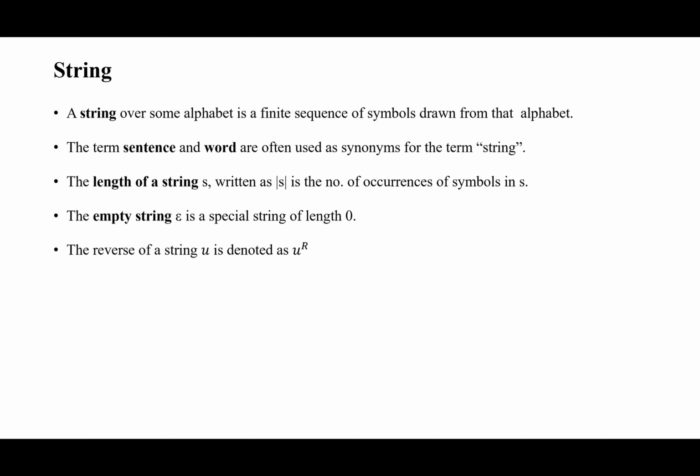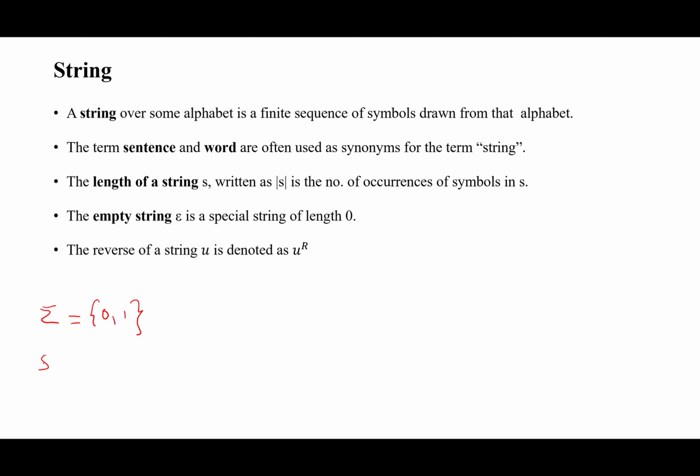A string over some alphabet is a finite sequence of symbols drawn from that particular alphabet. So for example, if you are going to use the input value, that is the alphabet, the symbols 0 comma 1, we write sigma is equal to 0 comma 1.